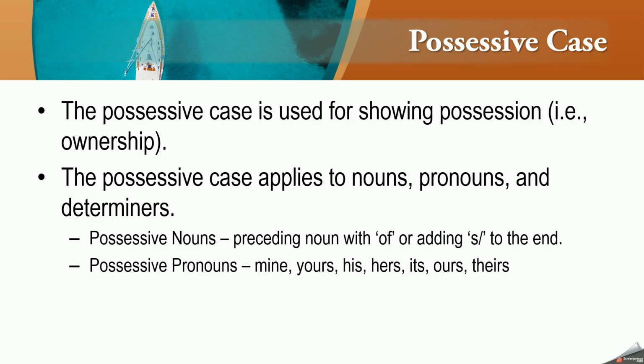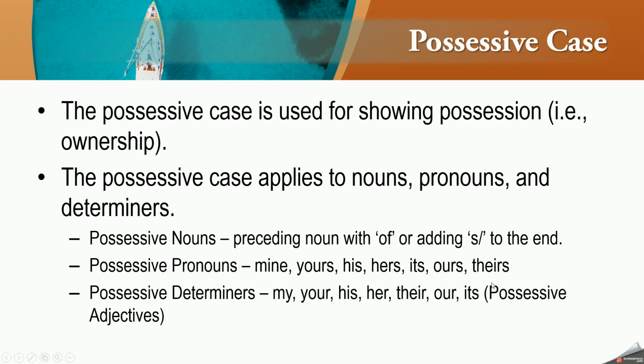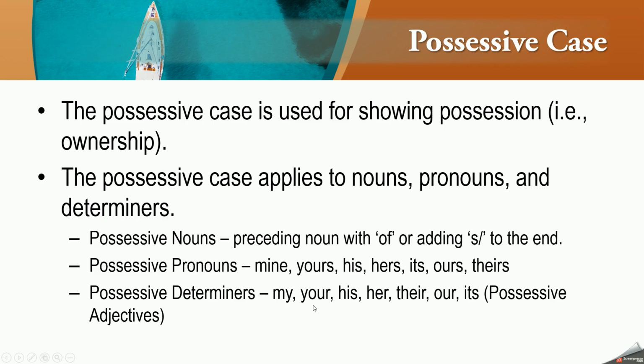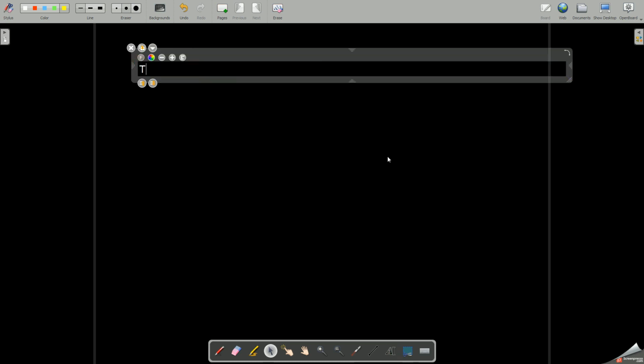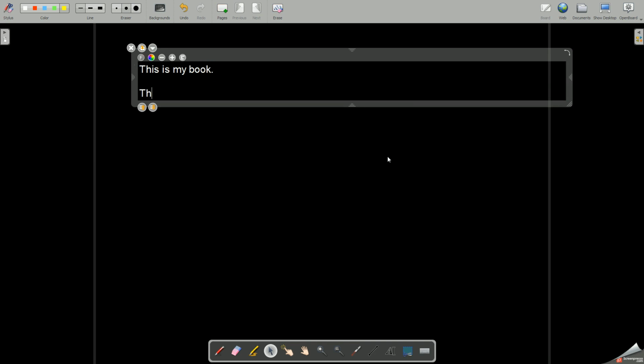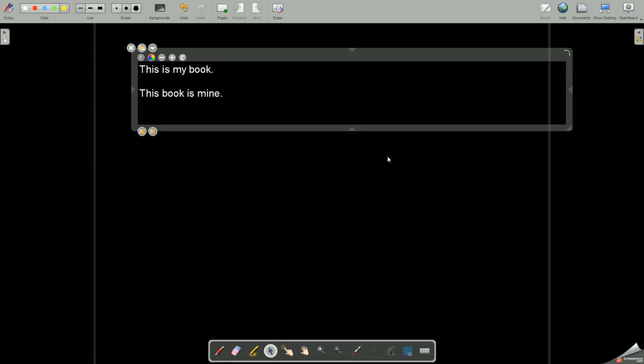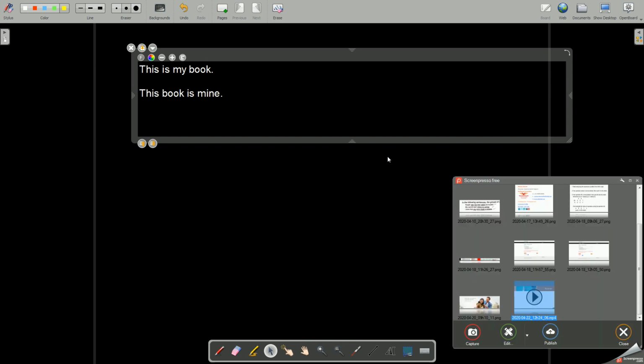When it comes to possessive pronouns, then these are the pronouns: mine, yours, his, hers, its, ours, theirs. And how they are different from possessive determiners, we are going to see. When I say this is my book, and I write this book is mine, then I have one more example.